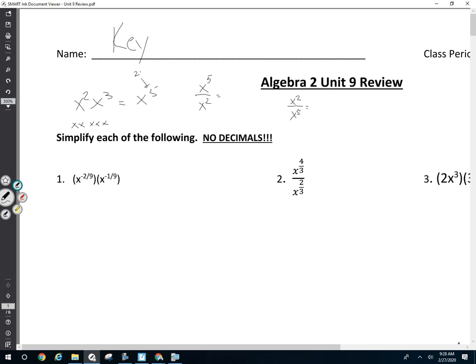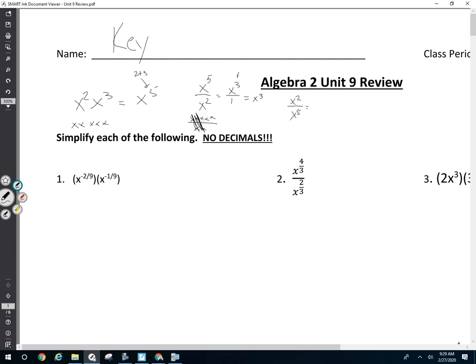This is like 2 plus 3. If I write out all these x's, 1, 2, 3, 4, 5 x's over 2 x's, whenever I have an x over x, that's just a 1. What happens is I end up with 3 x's on the top and nothing, or a 1, in the bottom. So you can write this as x cubed over 1, or just x cubed.